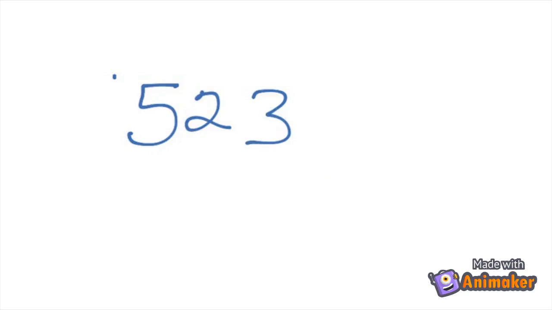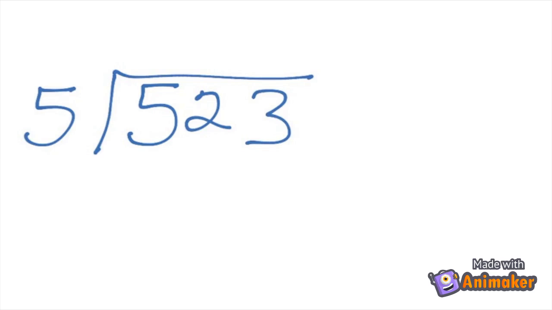I want to show you one step though. So I have 523 and my divisor is 5. Each process goes just like this. So I'm going to erase just a little bit of this number pattern. So we're going to start with 5 divided by 5.